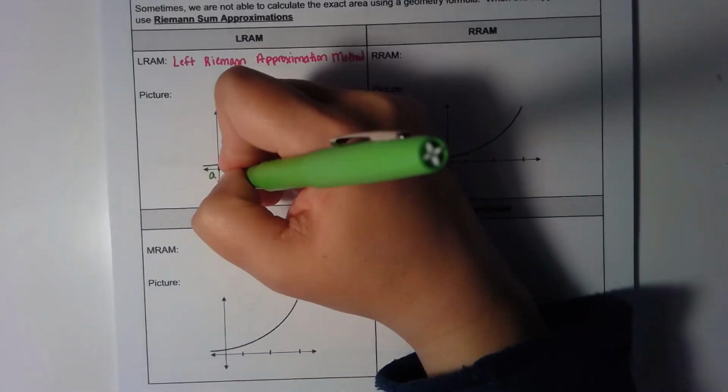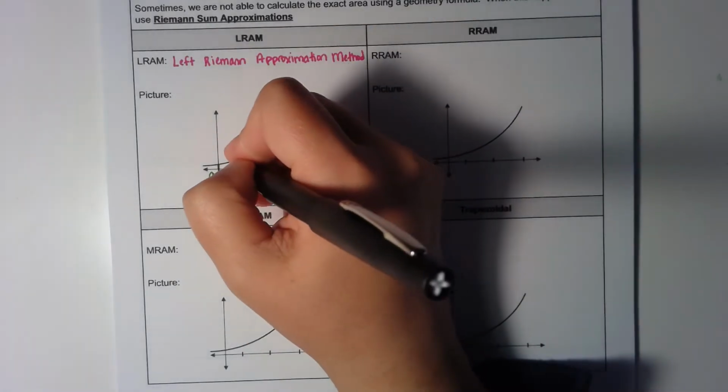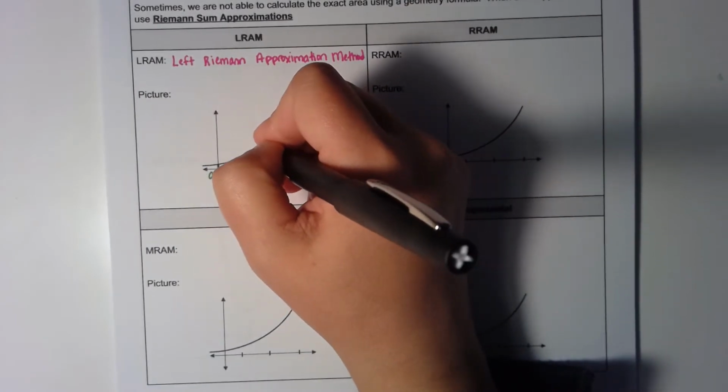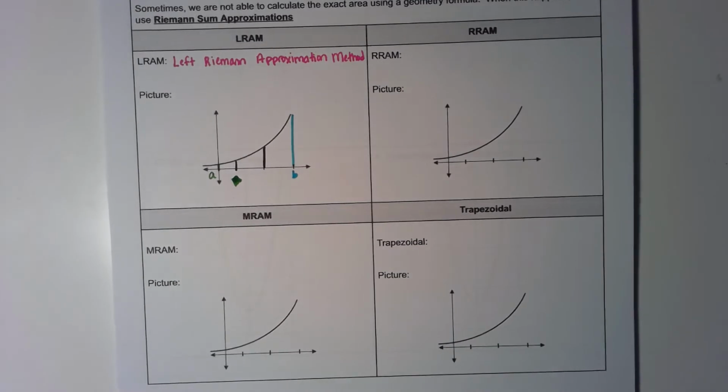So what the Riemann approximation method says, and this is a method, so it's steps that you follow, is that first we're going to take this interval and divide it into sections. Now within each section, we're going to draw a rectangle because we know how to find the area of a rectangle.